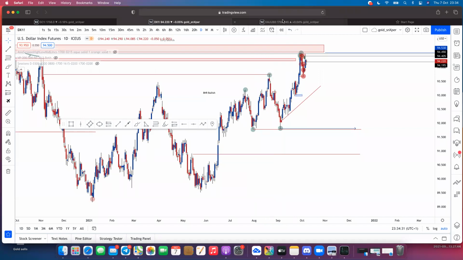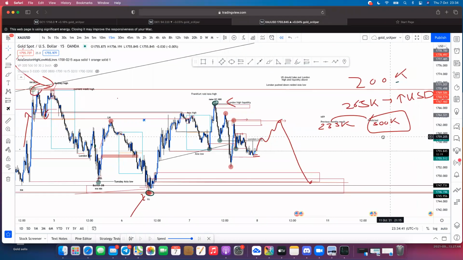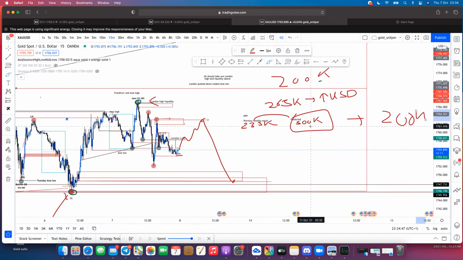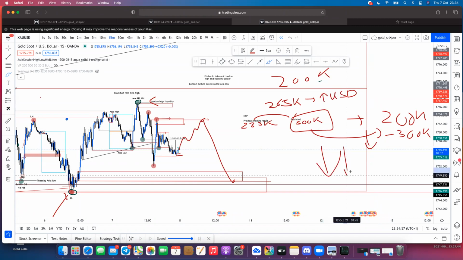If the result comes out that tomorrow the jobs data is 200K, and they predicted 500K, that's a standard deviation of minus 300K. That's a big standard deviation to the downside. That will make Dixie tank heavy, because they just manipulated everyone to the upside. You guys follow me so far?